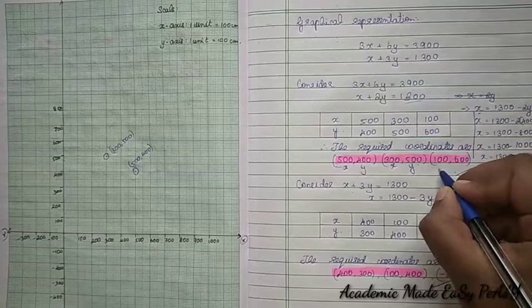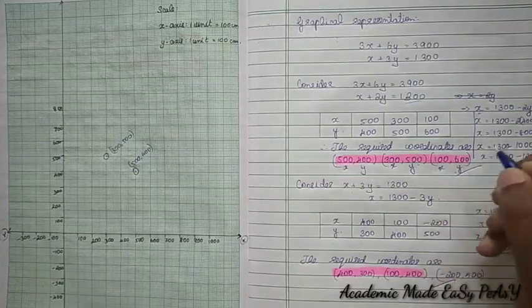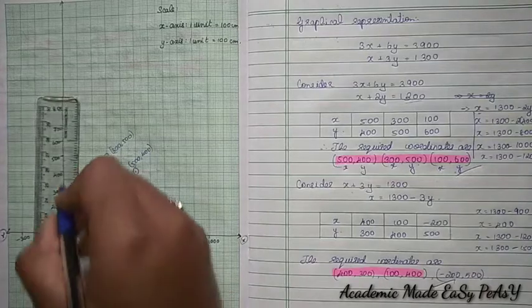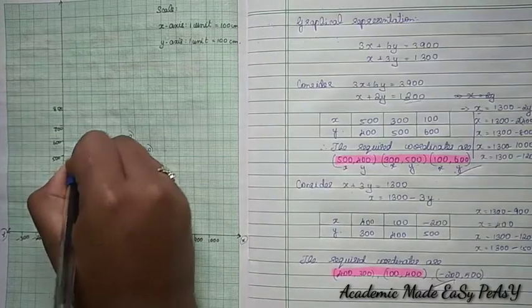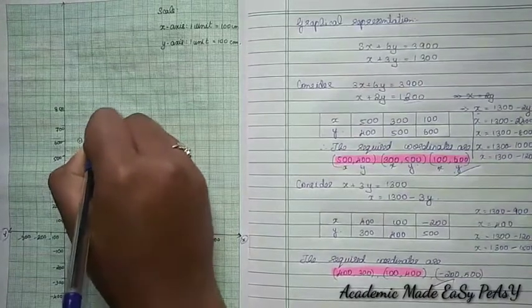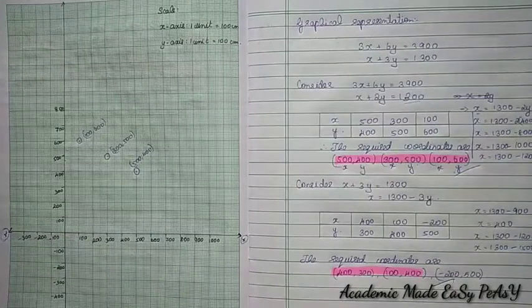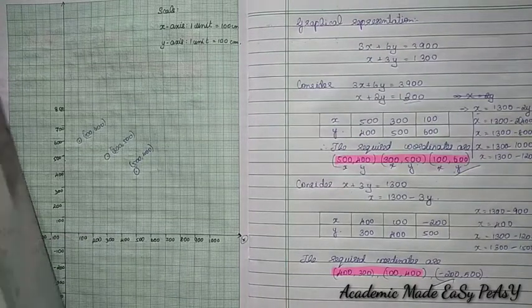Okay, next is 100, 600. So x is 100 over here and y is 600 here. So I will be marking here 100, 600. So now I will start drawing the line for this equation.